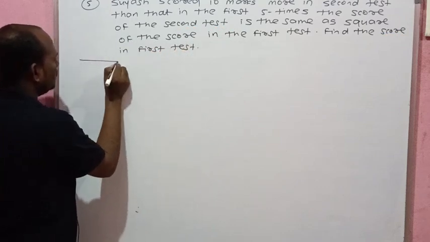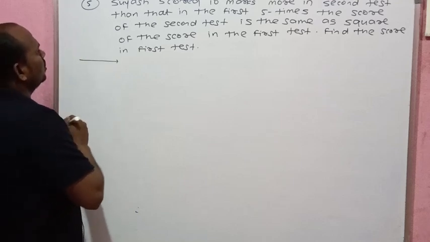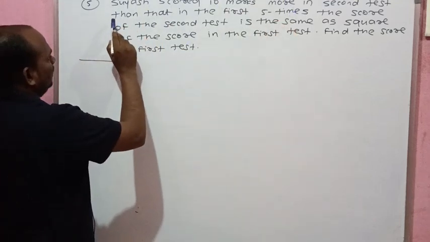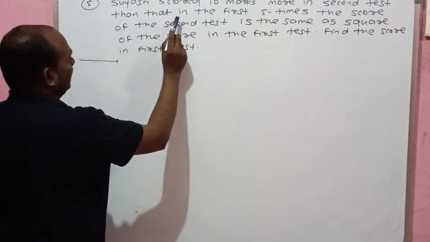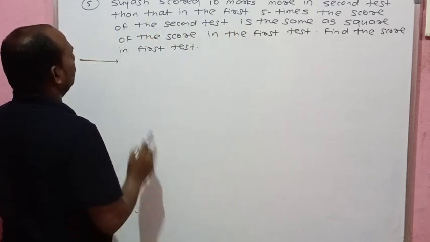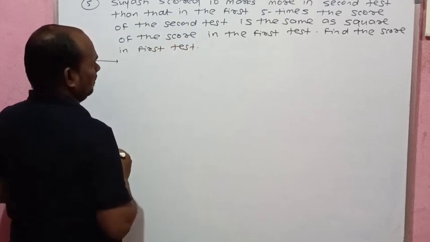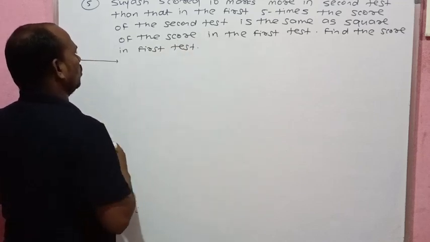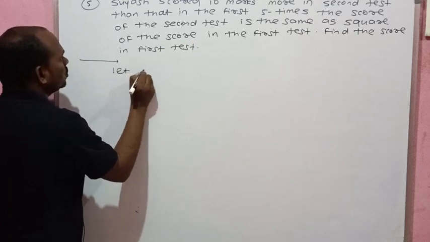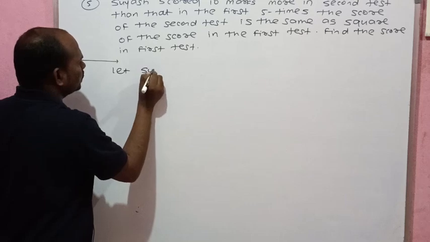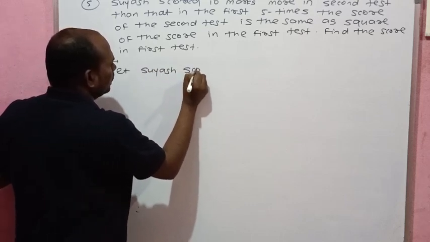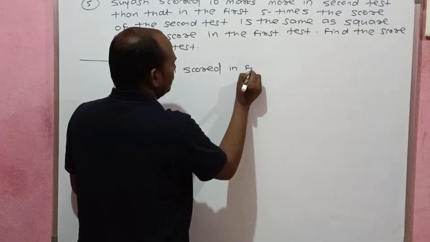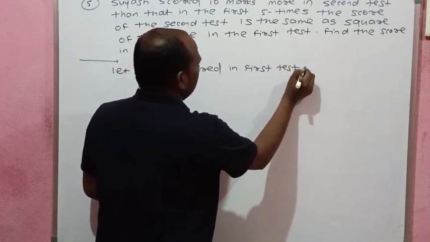Now we can solve the question. Suyesh scored 10 marks more in the second test than that in the first. 5 times the score of the second test is the same as the square of the score in the first test. Find the score in the first test. Now let Suyesh scored x marks in the first test.